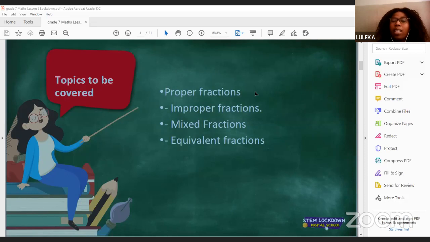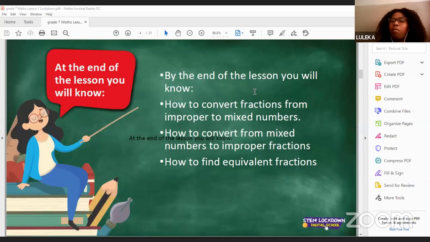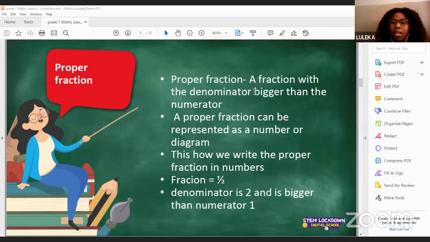Okay, we'll start with proper fractions. A proper fraction is a fraction with the denominator bigger than the numerator. In the foundation phase, we say a proper fraction has a small head, meaning that the numerator is smaller than the denominator.